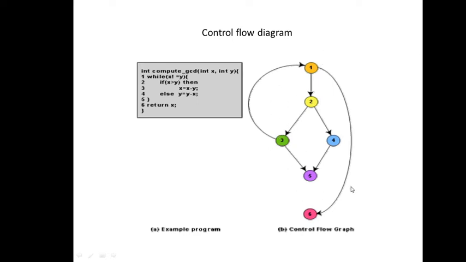So this is a control flow graph. So I was talking about what is a path. A path is the pathway or the route through which we can reach from source to destination. So one pathway could be this, another path could be this, and third path could be this. Okay, this is connected to this 5 here.